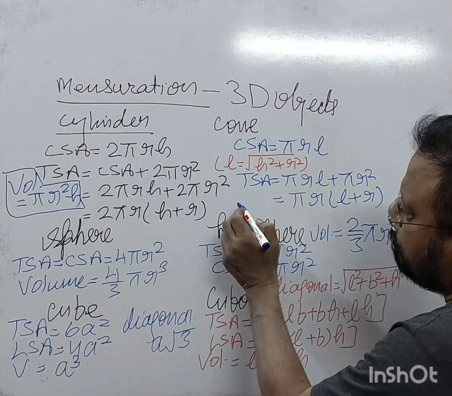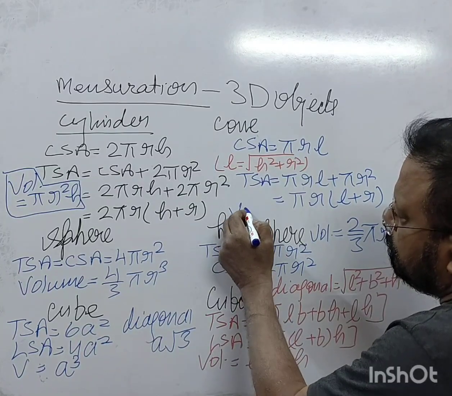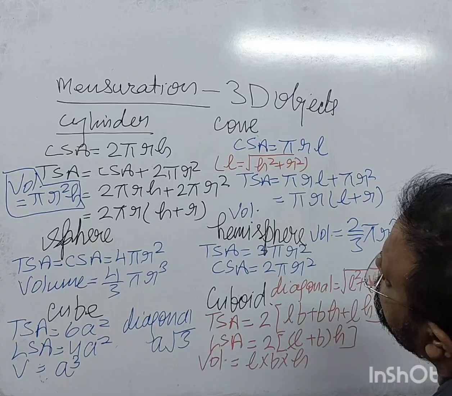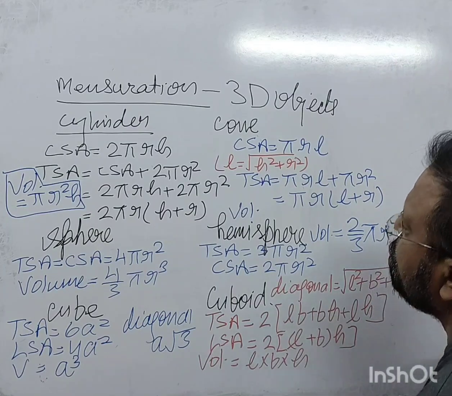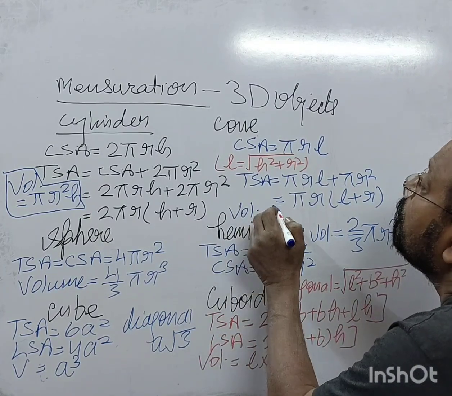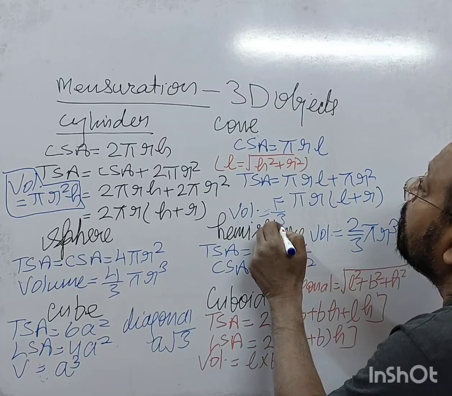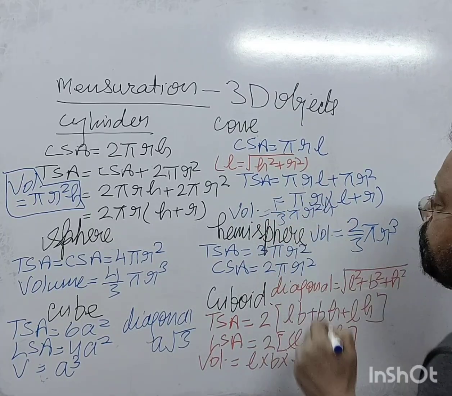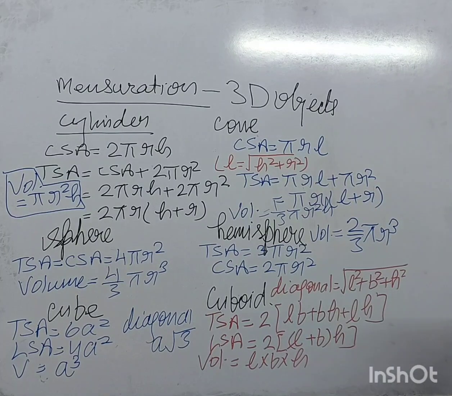And volume of cone is equal to 1 by 3 pi r square h. These are the major formulas.